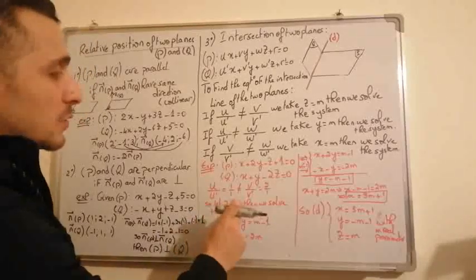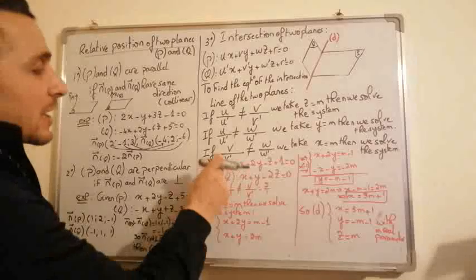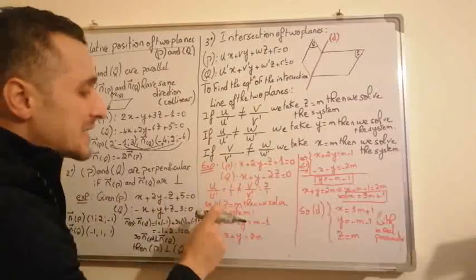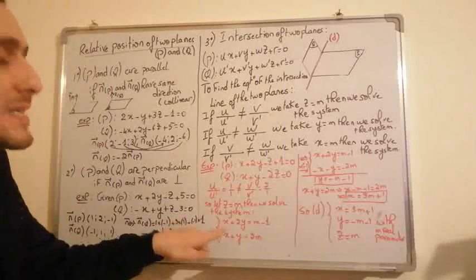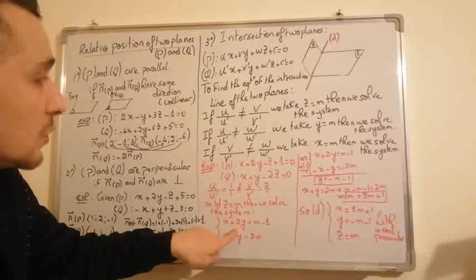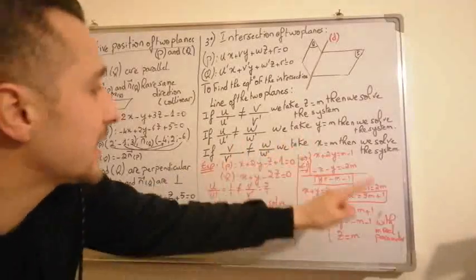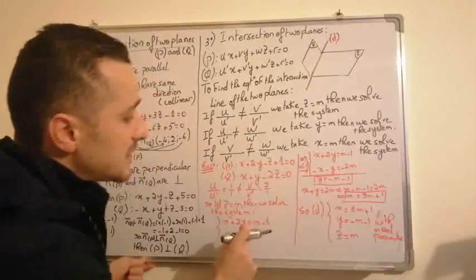So let z equals m and we replace in the equations of the two planes. We can replace z by m. So we obtain the following system. x plus 2y, we replace z by m. I moved it over there, so it becomes minus m plus 1 equals 0.